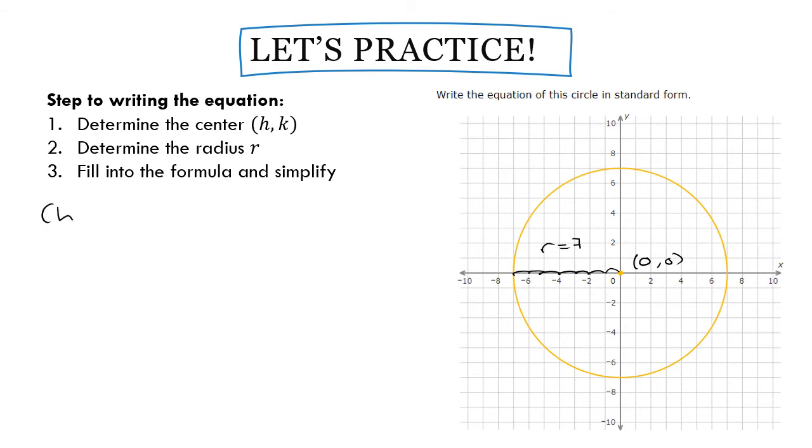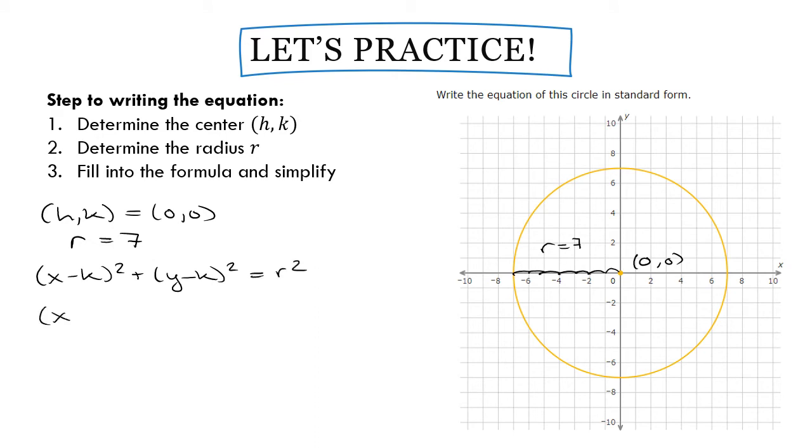So (h, k) is going to equal (0, 0). Step 2, r is going to equal 7. And then I got to fill into the formula. So the formula is going to be (x minus h) squared plus (y minus k) squared equals r squared. So x I don't change, I leave it as x. h I need to plug in.